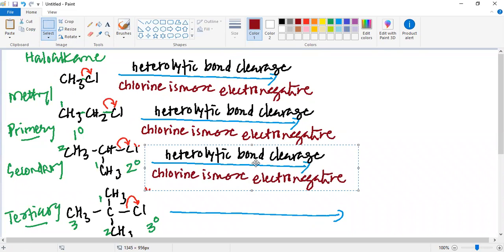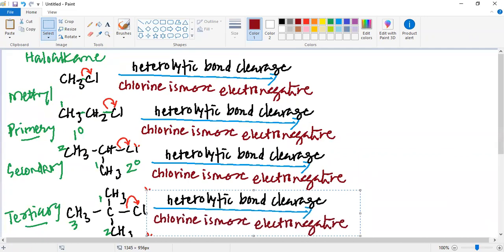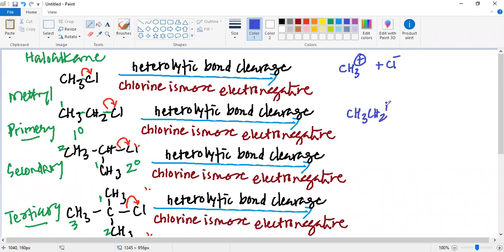In each of the cases, you can understand that this heterolytic cleavage takes place. Due to this cleavage, dear students, here we will get the product. And the product we are going to get is this: here we will get CH3 plus and Cl minus. Here we will get CH3 CH2 plus and Cl minus.